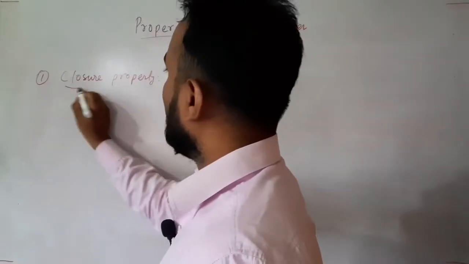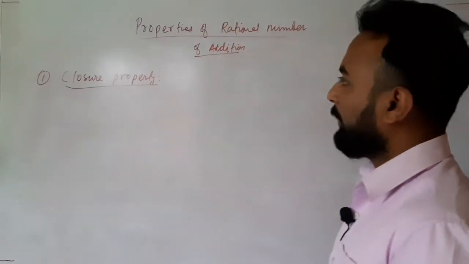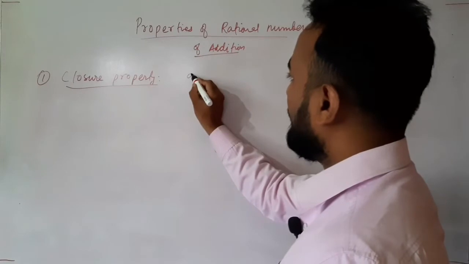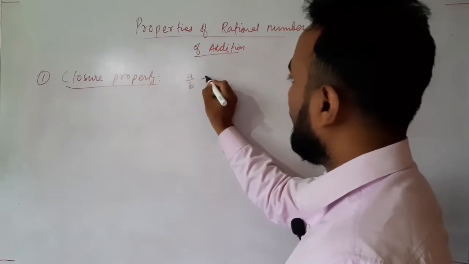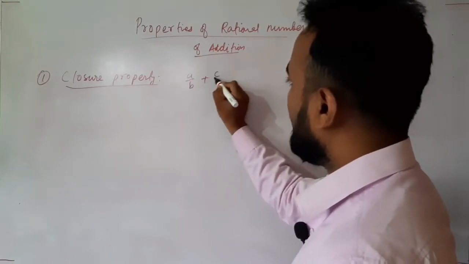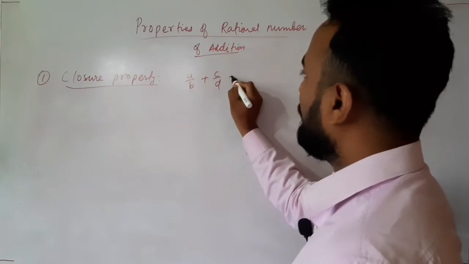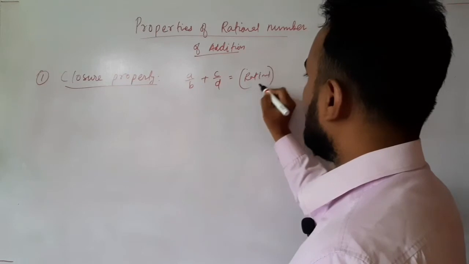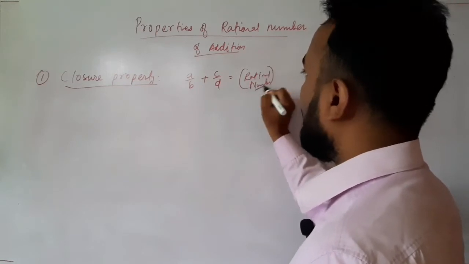Closure property means, whenever you add two rational numbers, I am taking a by b as one rational number and c by d as another rational number, then you get a rational number. आपको rational number ही obtained होगा यहाँ पे.